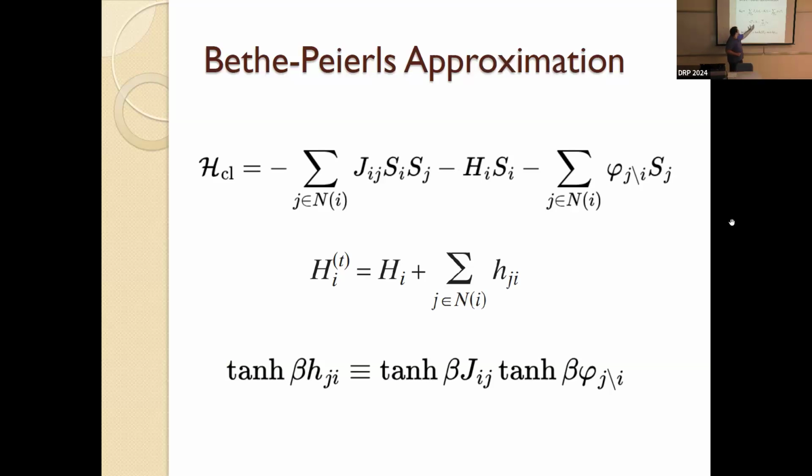We have our coupling between i and j. We have a local magnetic field defined for the vertex i, and then the cavity field at j times the spin of j. And the total field at i we can also define as the field at i itself, and then all of the influences from the central node's neighboring vertices.